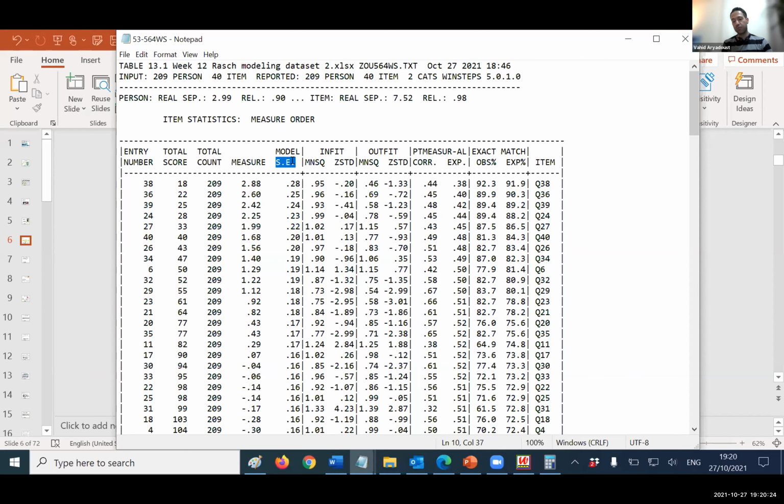Why is it so? I can talk about it later because I have to digress and talk about some other concepts. But keep this in mind. This is usually the case. So the easiest items and the most difficult items always have a lower precision in their difficulty level. Something that we can never speculate just by looking at the items.